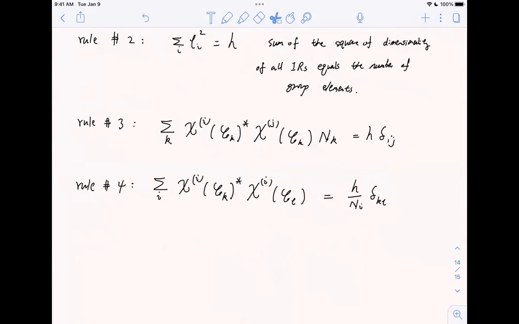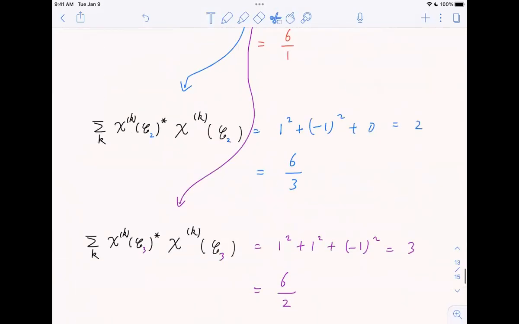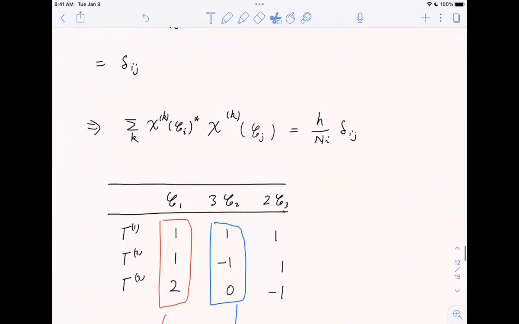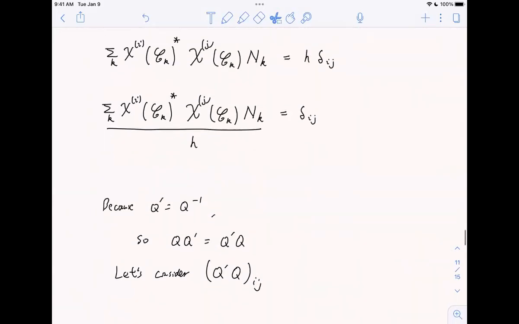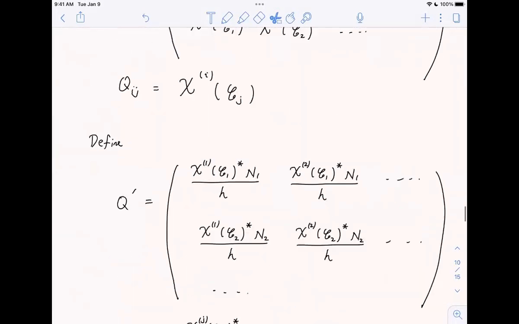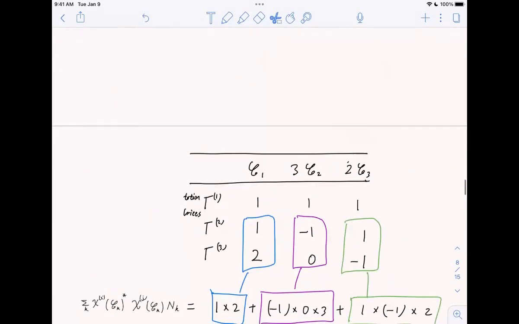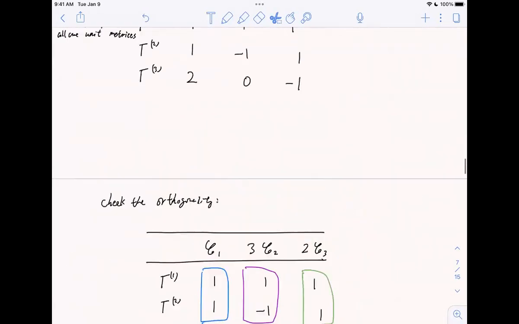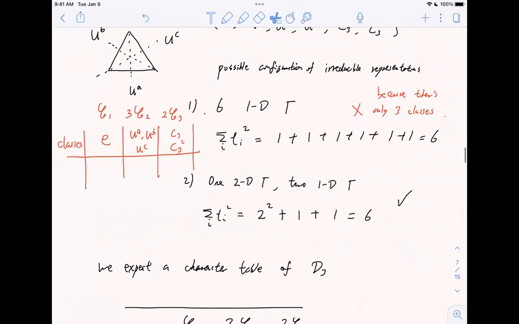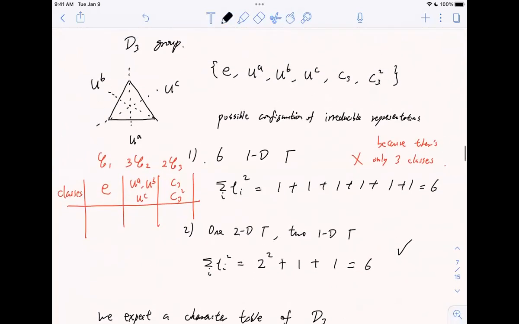You don't even need to know the form of the matrix. One simple example, I'm giving this example again and again. Let's go back to this example again. Here you have 6 elements. You arrange them into 3 classes, so you already know there are 3 representations.